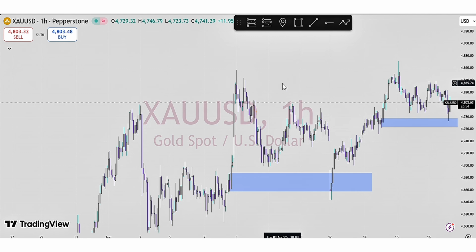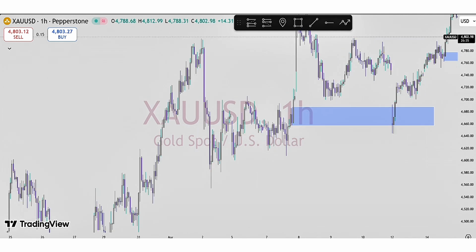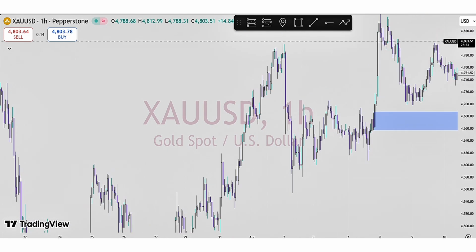The concept of SMC is to look for order blocks and take your trades from order blocks, because price is always going to come back to that point where they first pushed it. Now let's look at the next one.